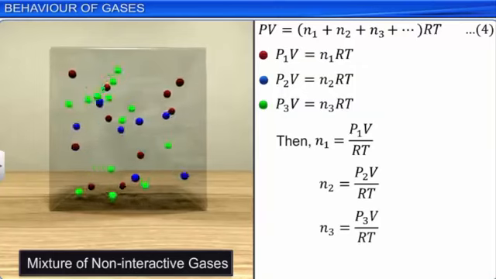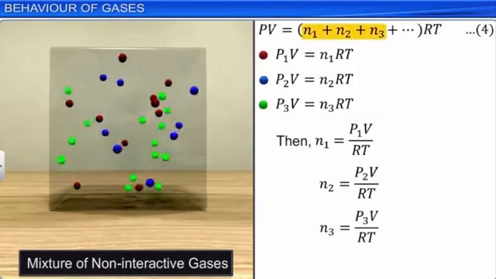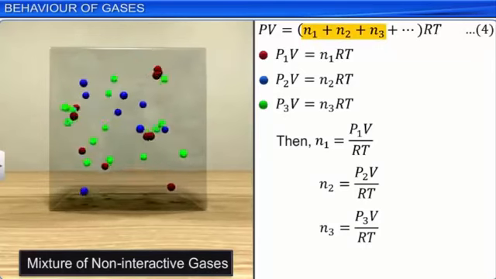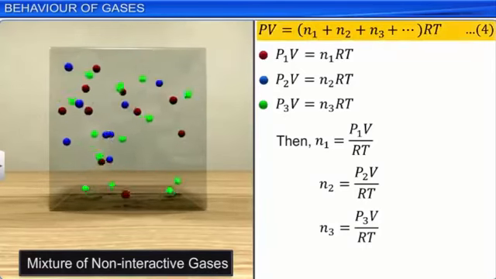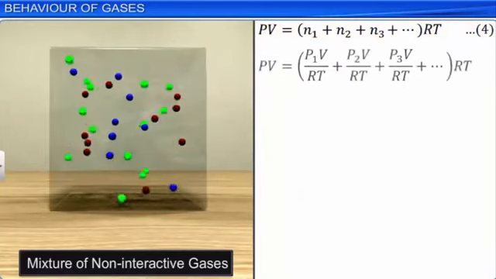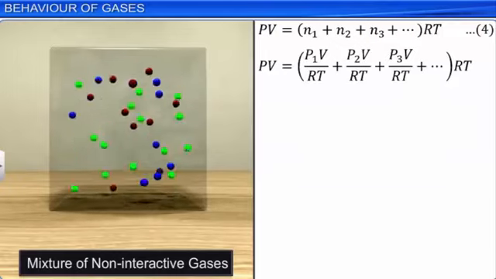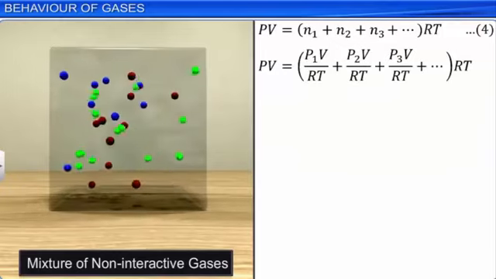Substituting the values of N1, N2, N3 in equation 4, we get PV = (P1V/RT + P2V/RT + P3V/RT + so on) RT.